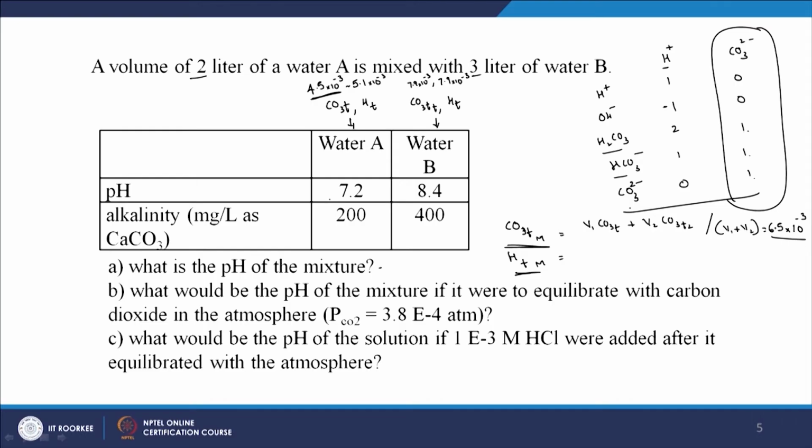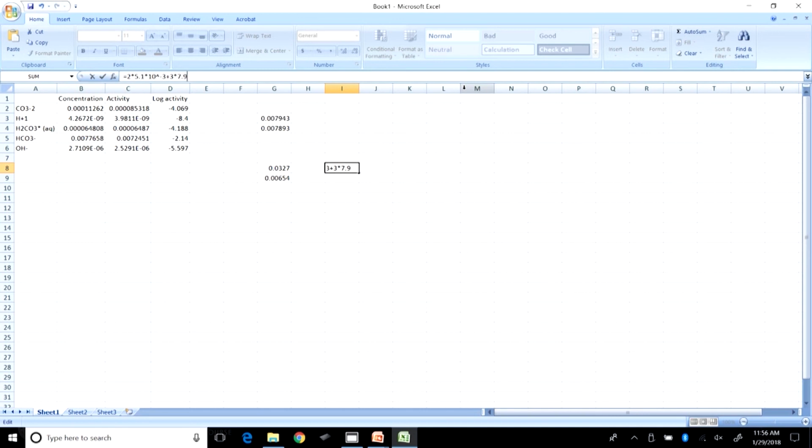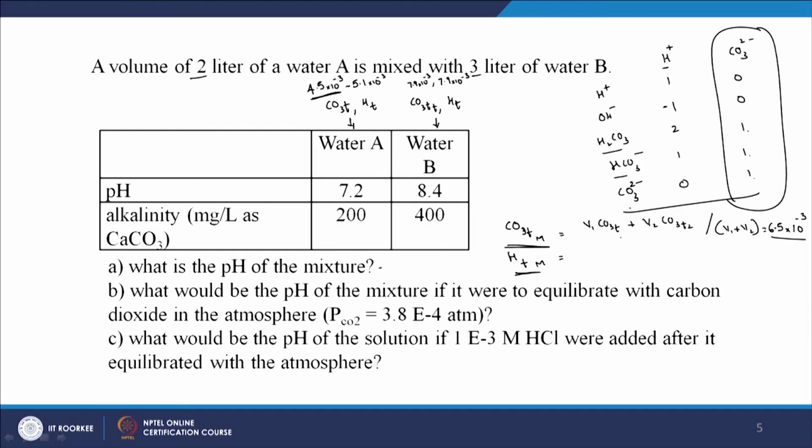Let us check the value of H total here, that is equal to 7.9 into 10 power minus 3 and enter please. And now we are going to have to divide it by V1 plus V2, that is equal to this cell divided by 5, that is equal to 6.8 into 10 power minus 3 approximately. So, let us plug that down somewhere, 6.8 into 10 power minus 3.